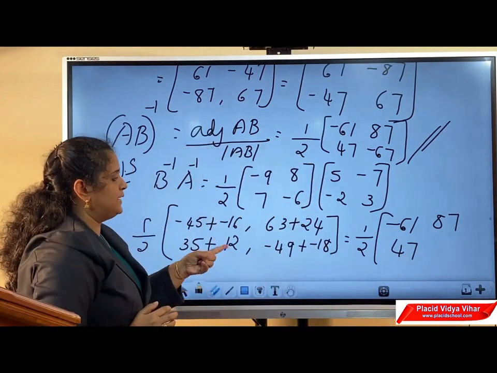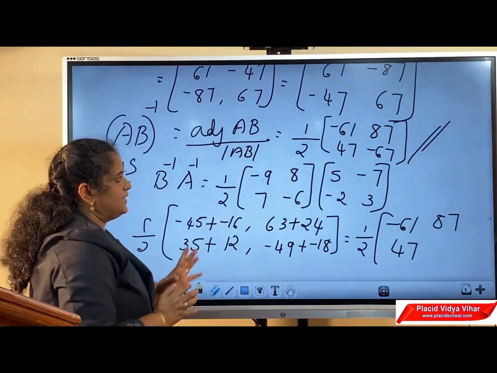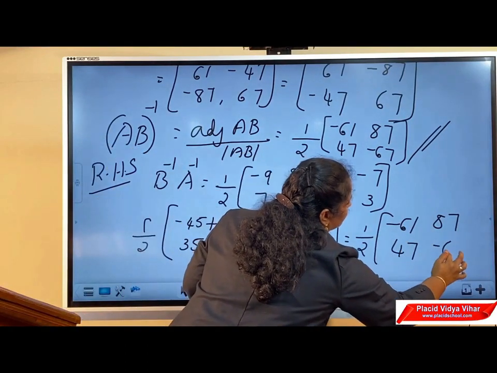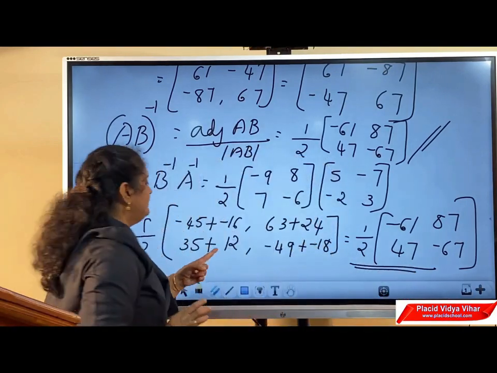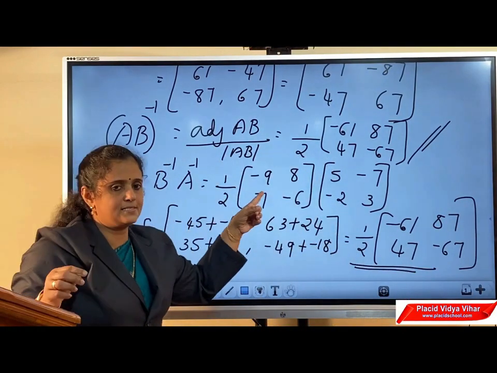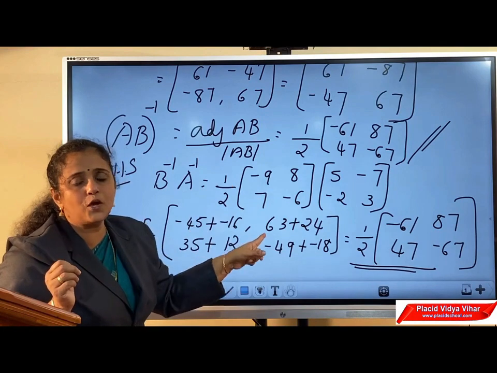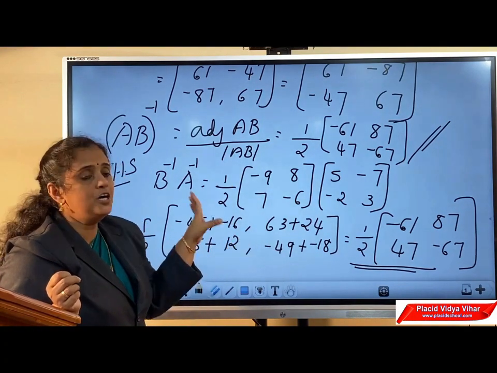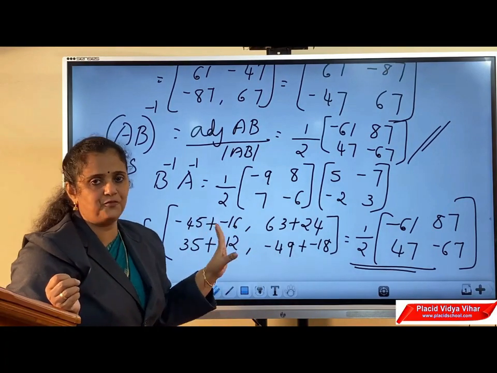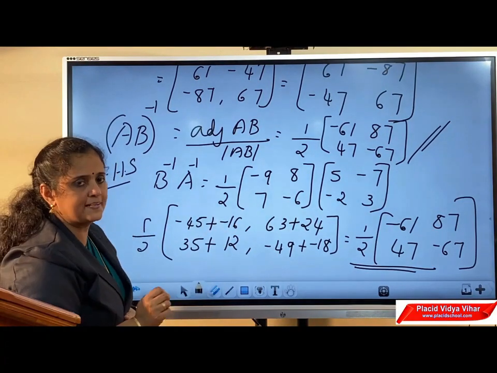Minus 49 plus minus 18, that is minus 67. That is the right hand side answer. Then we got the answer. The left hand side is equal to the right hand side. Verified. AB inverse is equal to B inverse into A inverse. Okay. Then we can move to the next one.